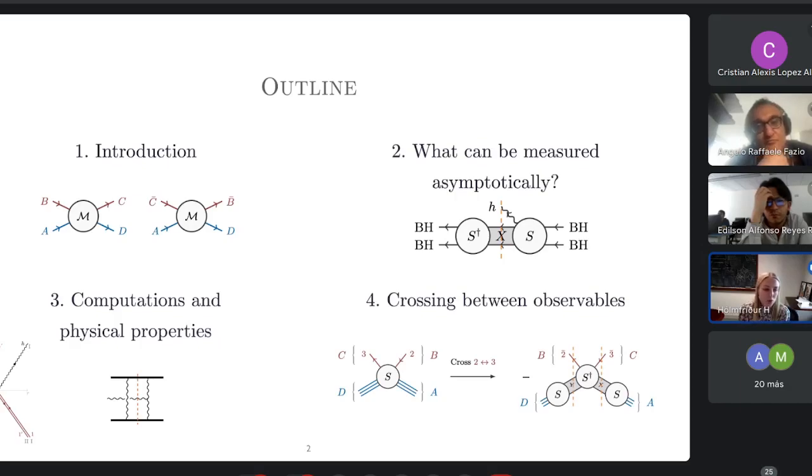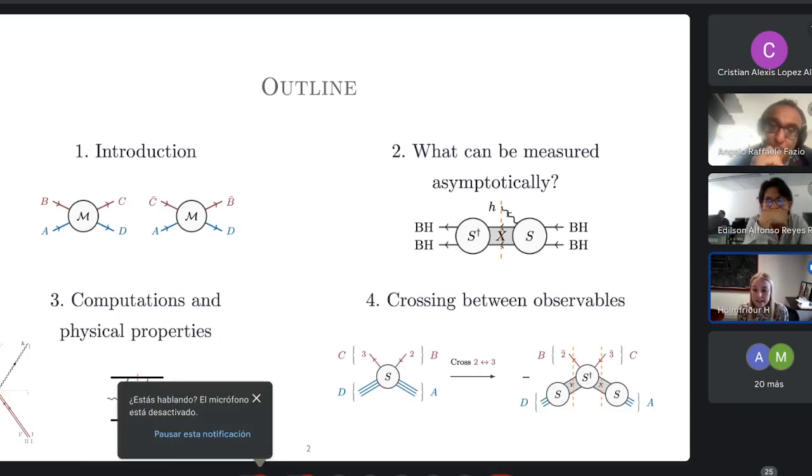So we'll take a little detour in part 3 to talk about how to compute those observables and their physical properties, which came about as a byproduct of the story, but is very interesting in its own right. And then in the last part, we'll get to crossing itself, and in particular how crossing relates these different observables to each other.